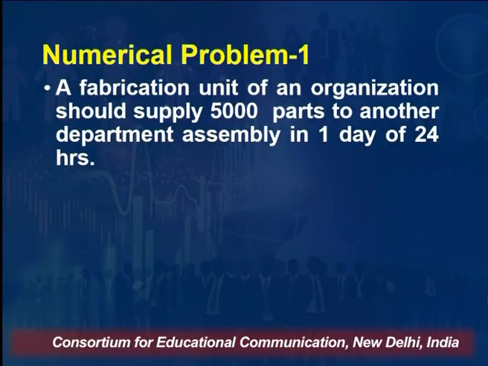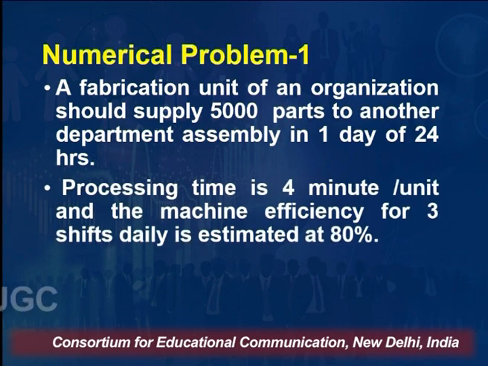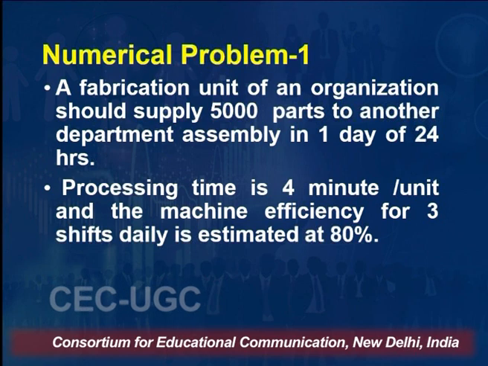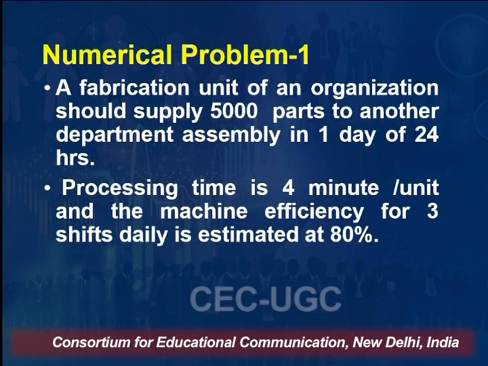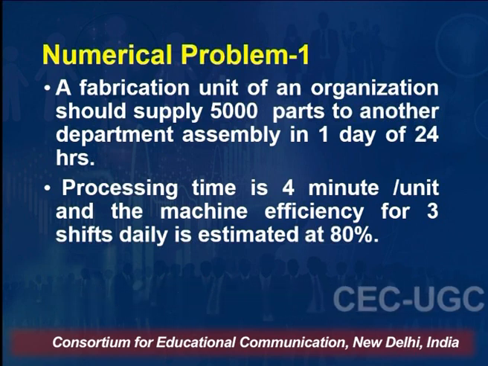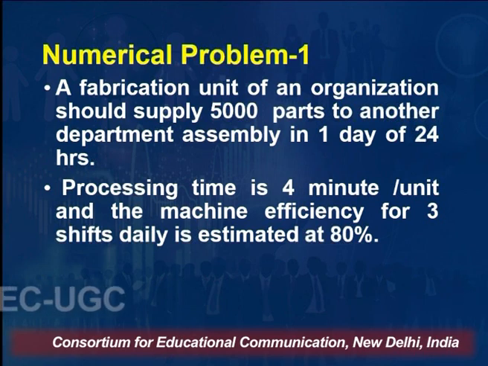Let us take one numerical problem. It says a fabrication unit of an organization should supply 5,000 parts to another department, assembly, in 1 day of 24 hours, and the processing time is 4 minutes per unit, and the machine efficiency for 3 shifts daily is estimated at 80%.